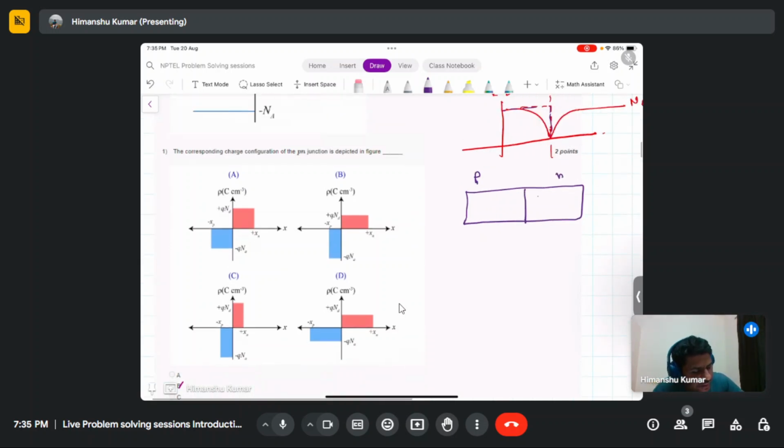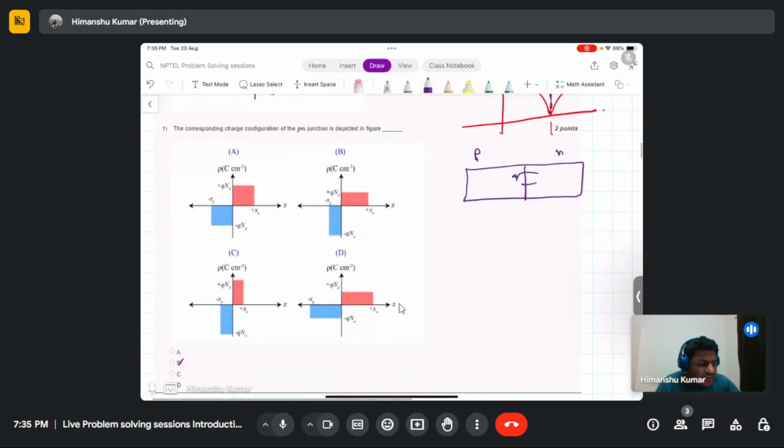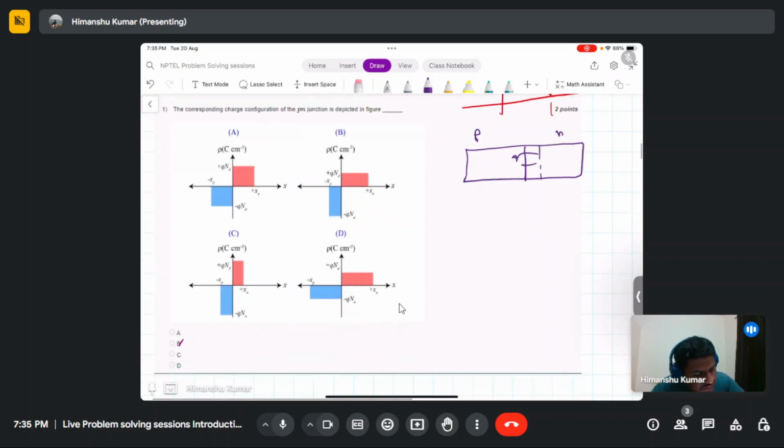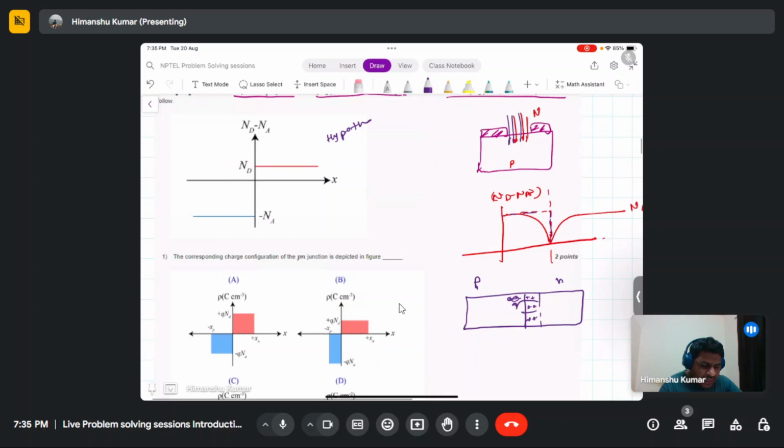Some movement of electrons will take place, and since the dopant ions are uniformly distributed through the semiconductor, this charge density will be flat. That's what N_D minus N_A is. As you can see, it's very sharp at the junction. But ideally it's not like that. Practically it goes like this. Ideally it is like that.